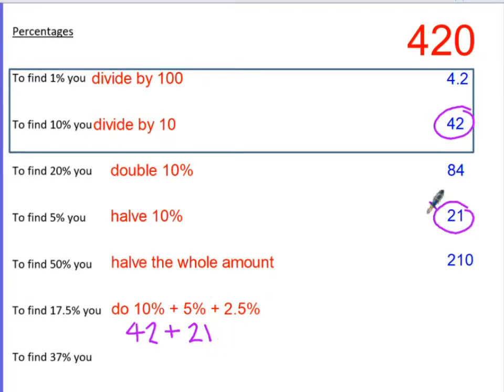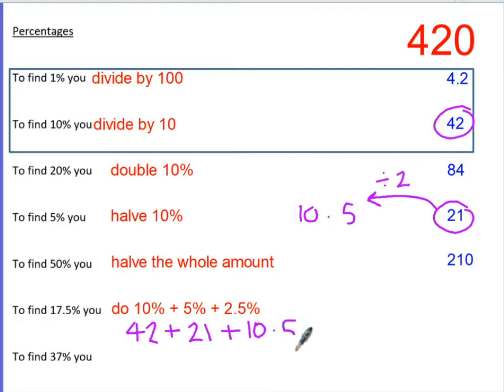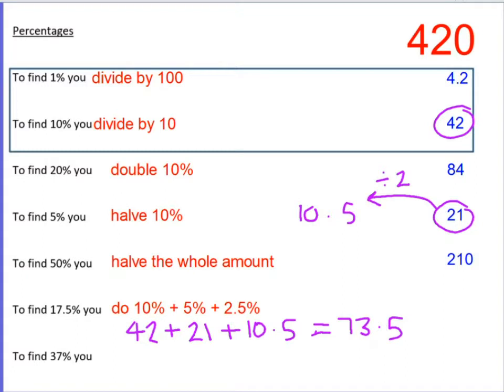So if I half the 5%, I would get 2.5% is 10.5. And if I add the 3 together, I get my answer of 73.5. So 17.5% is 73.5.